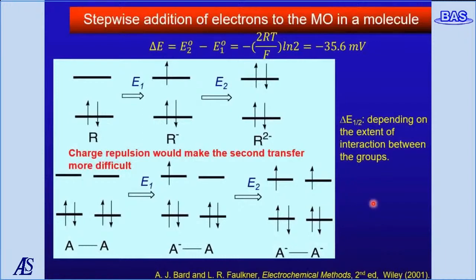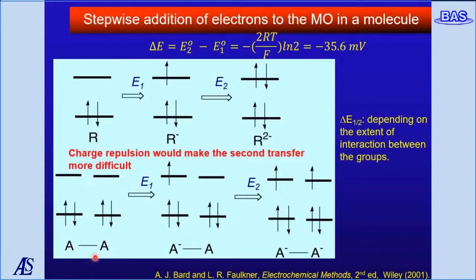Let's consider the successive electron transfer from the viewpoint of the molecular orbitals in the molecule. When a single molecular orbital accepts electrons successively one by one in a molecule, two well-separated waves are expected because of the strong electrostatic repulsion between electrons.